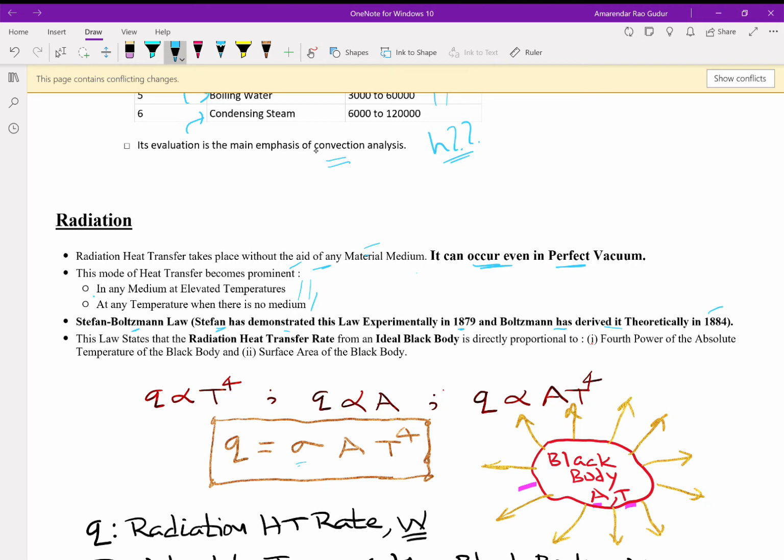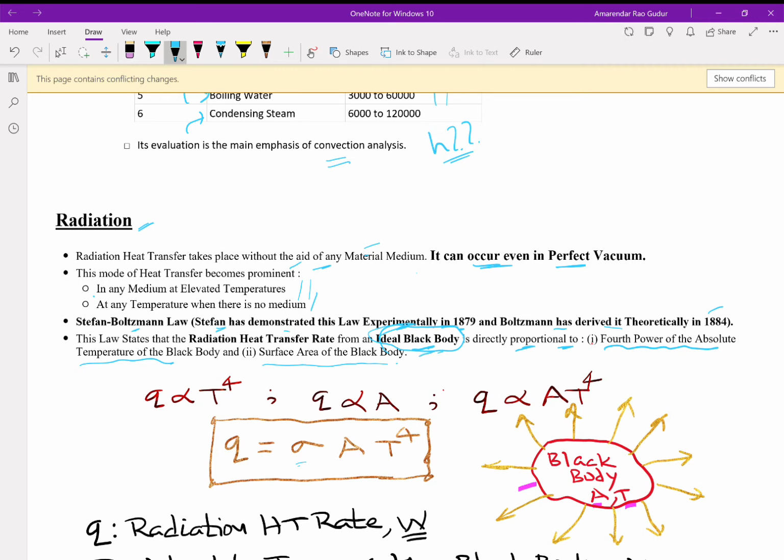This law states that the radiation heat transfer rate from an ideal black body is directly proportional to, number one, the fourth power of the absolute temperature of the black body, and number two, the surface area of the black body. Remember, we'll discuss the ideal black body concept at the time of radiation, but right now you may note that an ideal black body is a perfect radiator of any type of electromagnetic radiation.